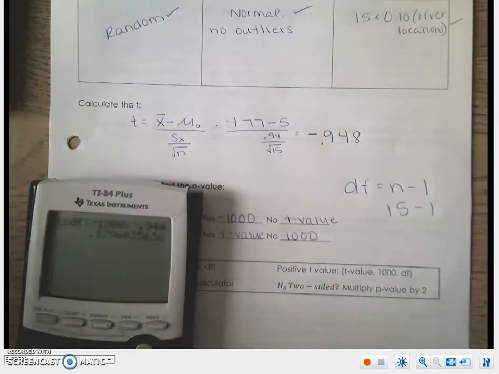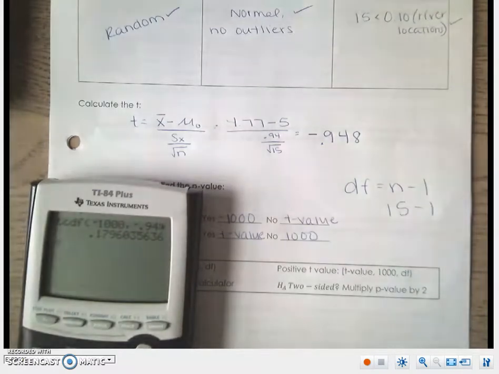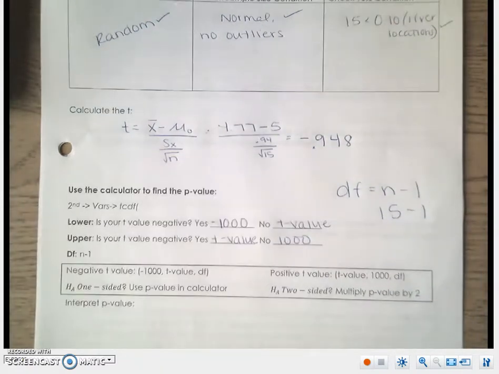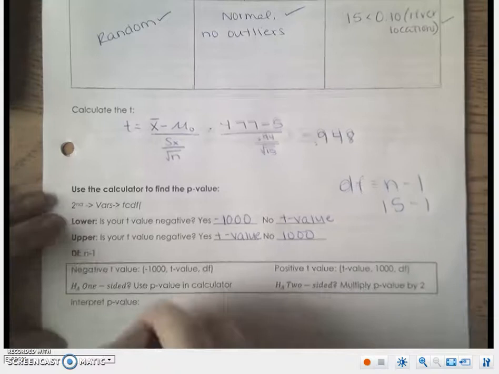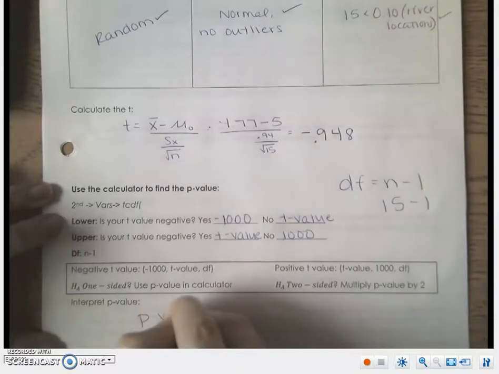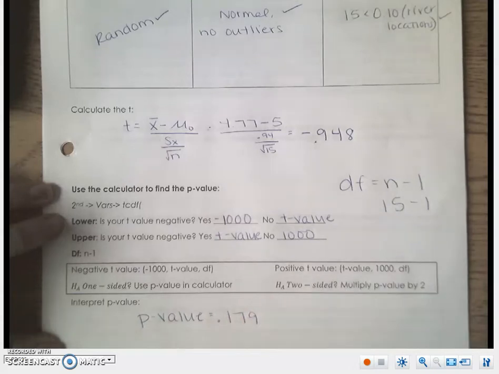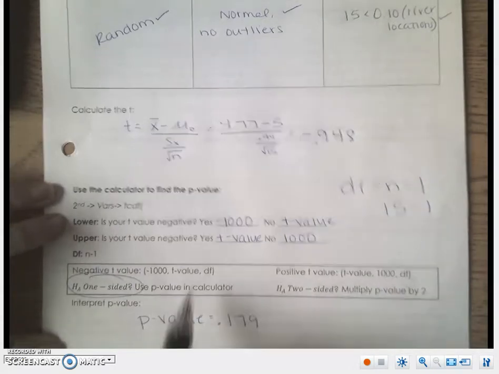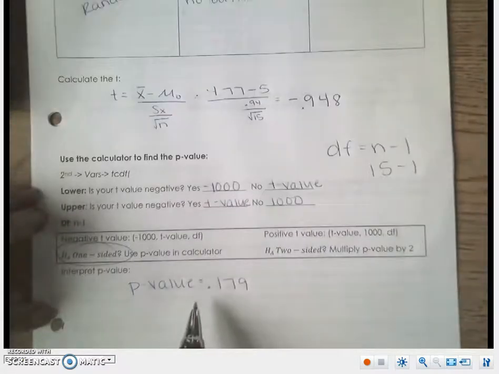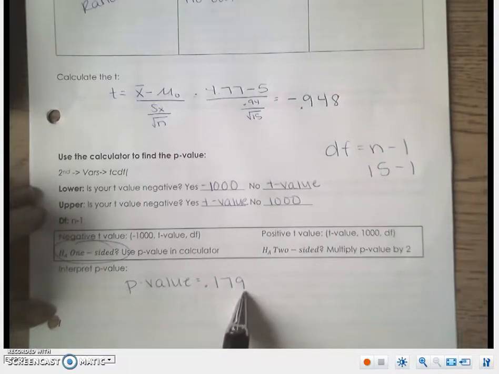Click enter, and we get a p-value of 0.179. So our p-value equals 0.179, and it is one-sided because we are just looking at the less than sign. If it was two-sided, then we would have to double this.